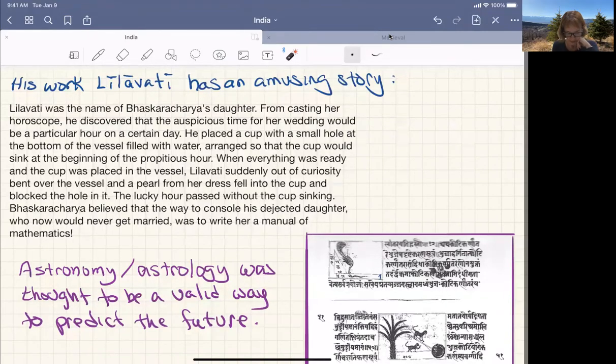When everything was ready and the cup was placed in the vessel, his daughter suddenly, out of curiosity, bent over the vessel, and a pearl from her dress fell into the cup and blocked the hole in the cup. And then the lucky hour passed without the cup sinking. And so Bhaskara believed that the way to console his dejected daughter, who would now never get married because her lucky time had passed, was to write for her a manual of mathematics.